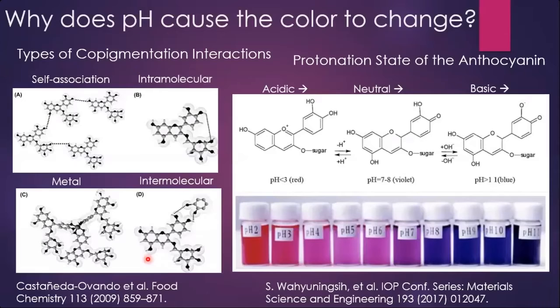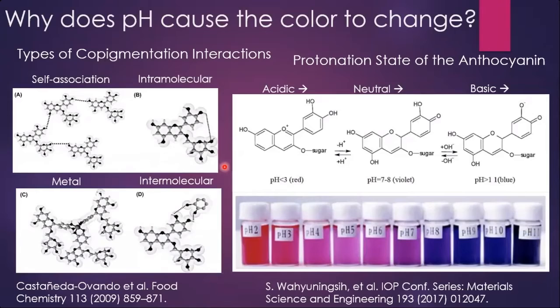Now I will talk a little bit about why pH actually causes a color change. This is caused by changes in protonation state, whether your pigments will be conjugate acid or base. This will then affect how your anthocyanin interacts with what we call copigments, or colorless organic molecules in solution.